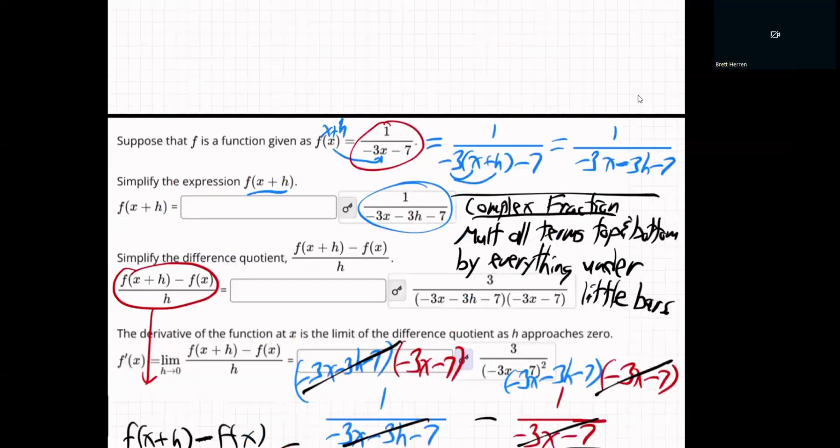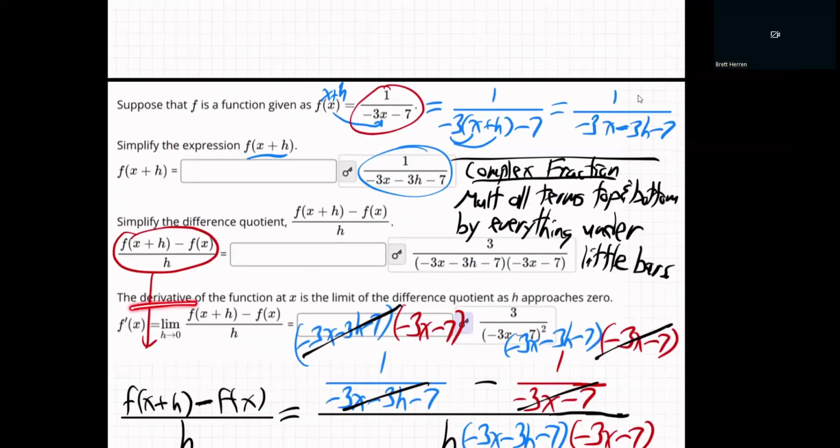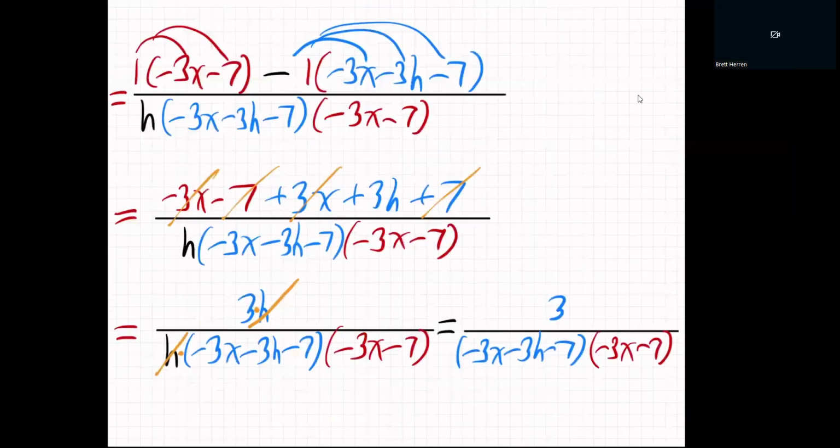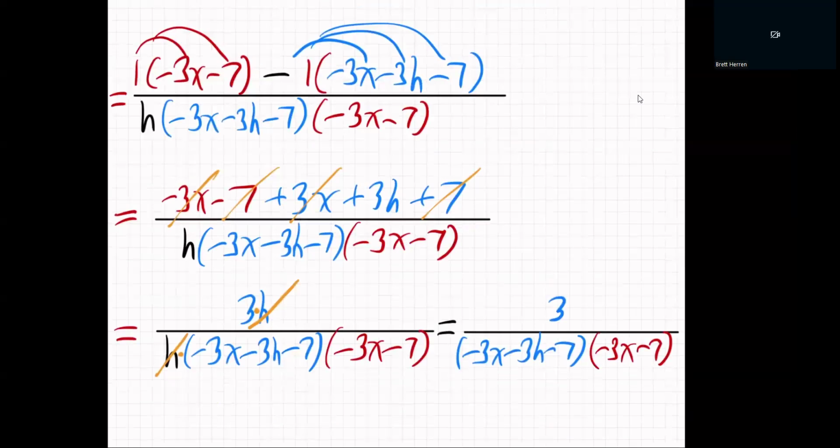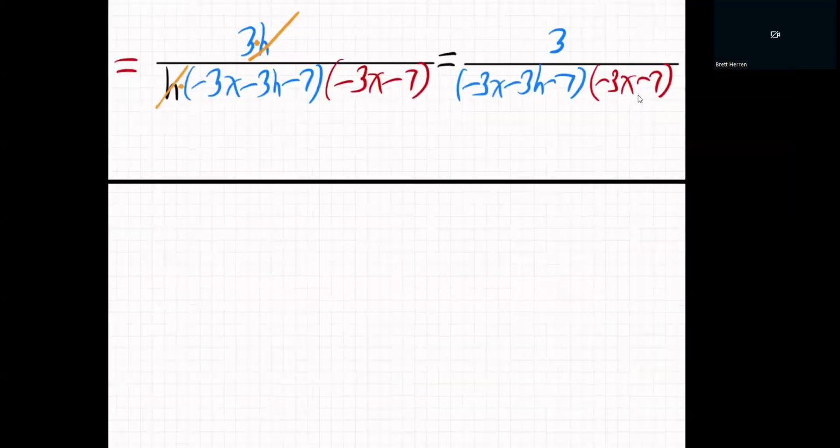Okay, last part, last thing. Now take the derivative, which means the f prime, which is the limit as h goes to 0 of that thing we just found, of this whole thing. So our last step is that now finally we're going to take the limit as h goes to 0.